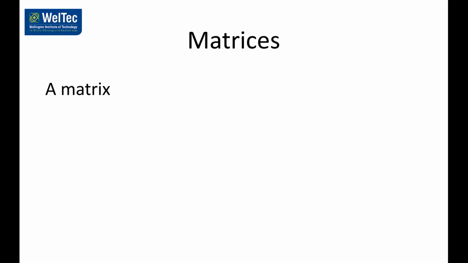A matrix is a set of numbers, whether real numbers or complex numbers, that are just arranged in rows and columns. Like that, if you can imagine that they were numbers. And we talk about this having an order.